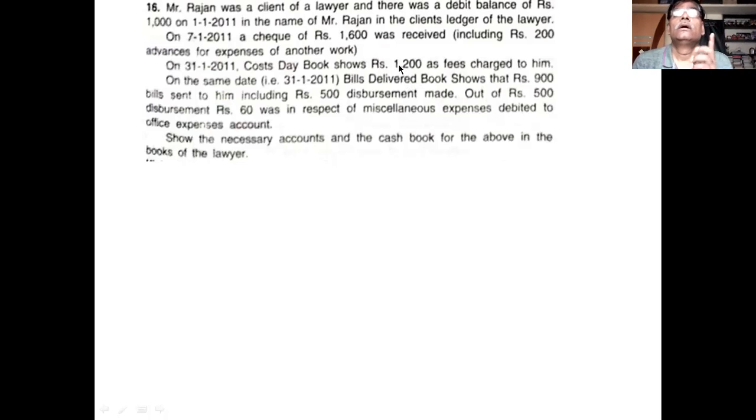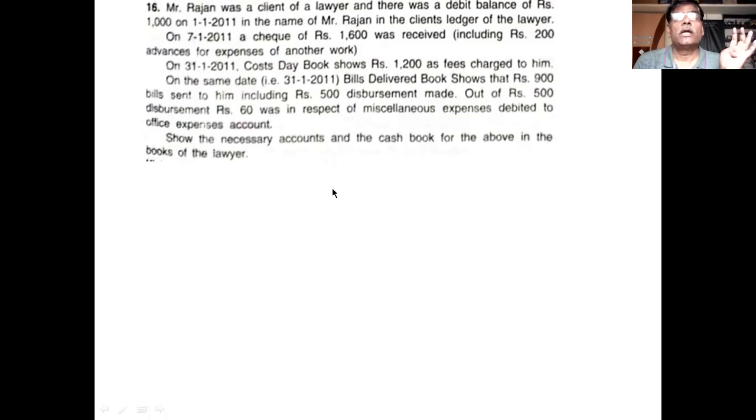Thereafter, the second account is the client account, the third is the client control account, and the fourth is the disbursement account. In the disbursement account, whatever disbursement is made is recorded, and out of that, the expense not related is to be adjusted, and in the cost account, you have to record the cost or fees adjusted. Okay, these are the accounts.